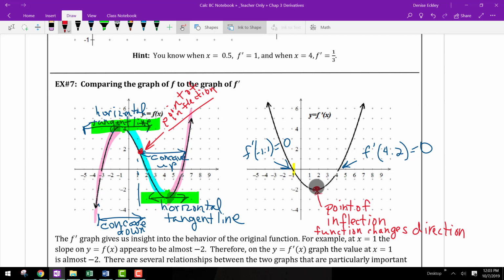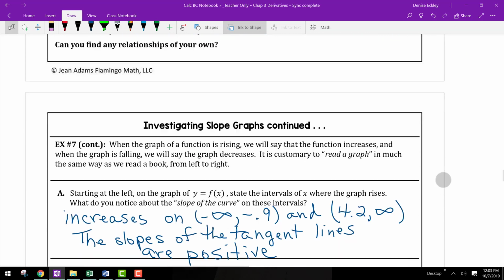And if you notice, it's where the graph is changing direction. So the graph is decreasing along here, and the concavity is changing. Then when it gets to that point, the concavity flips over, so the slope graph will flip over as well. So that's what's happening. That's our inflection point.